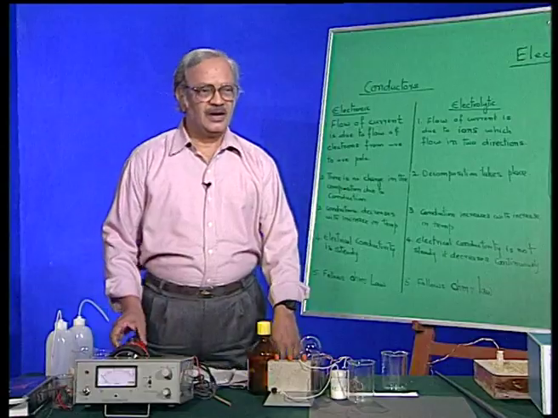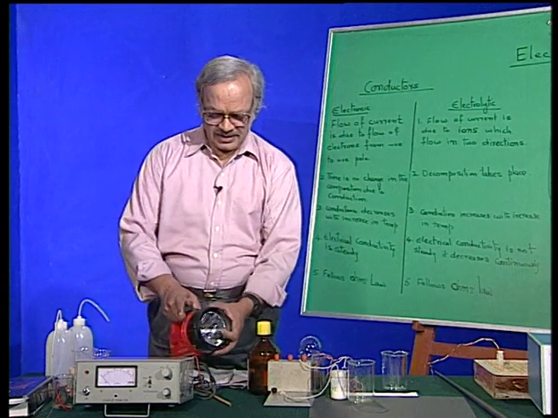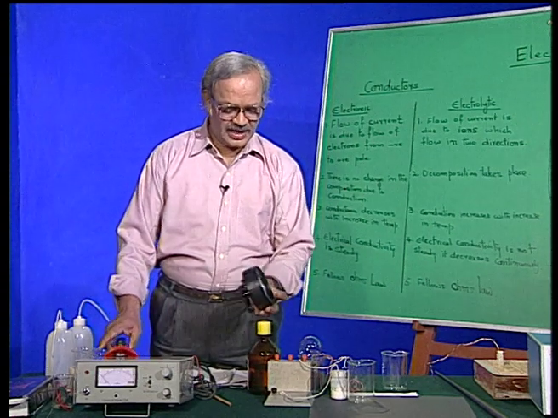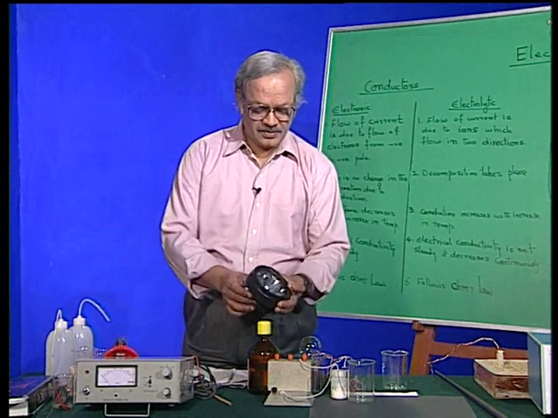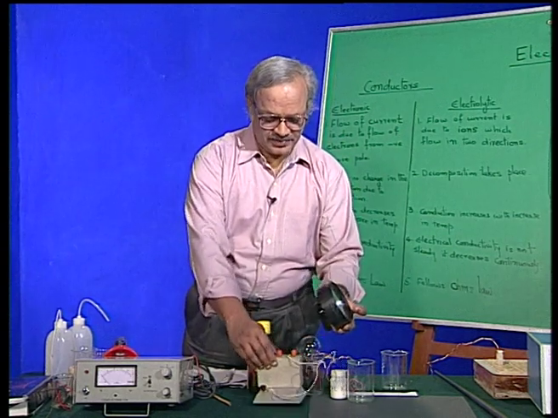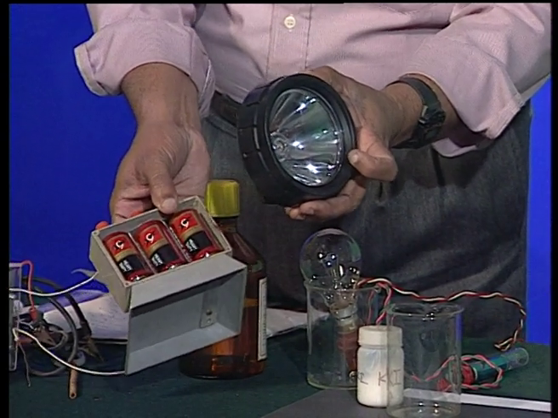Let me now start with a simple experiment using a household battery. I have taken a battery and I am going to use the bulb of this. Here is a setup of 3 cells.